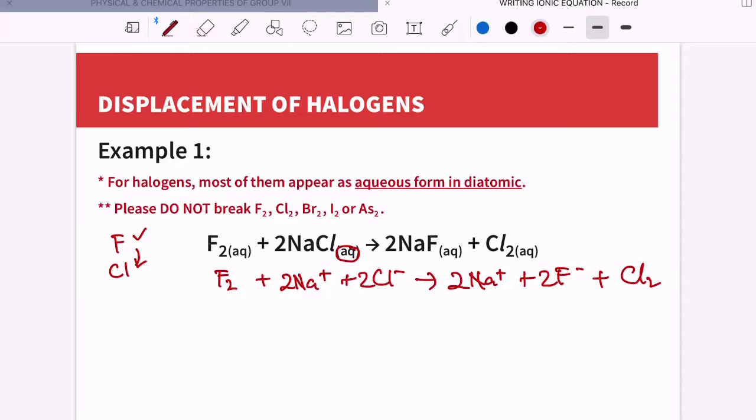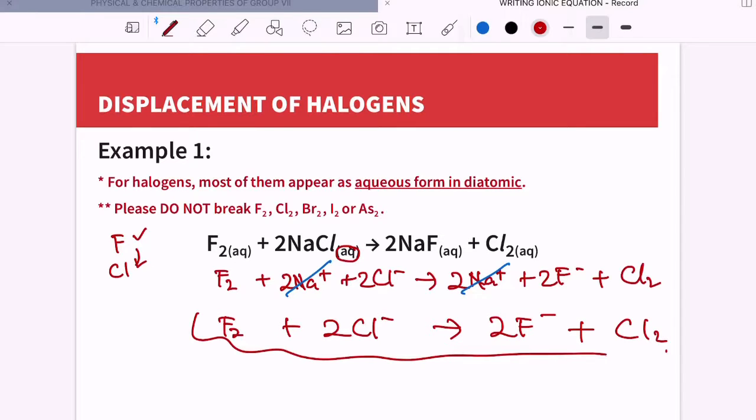So now we remove which ions are the same on the left and the right, sodium and sodium. So left with F2 plus 2Cl- to form 2F- and Cl2. So this will be your ionic equation for this displacement of halogen.